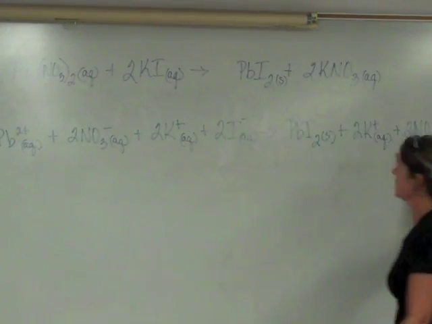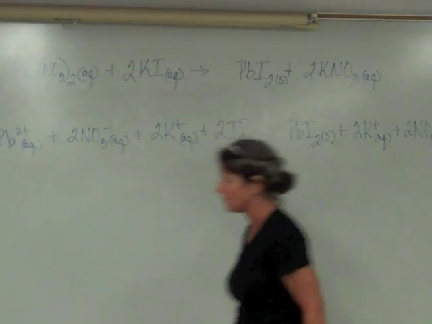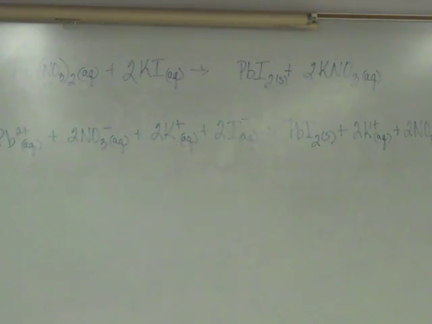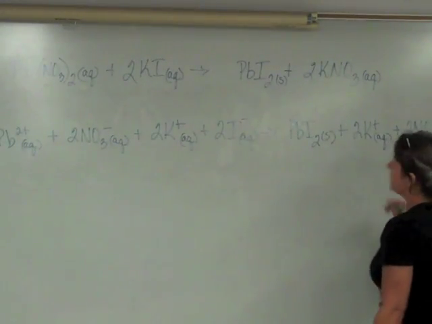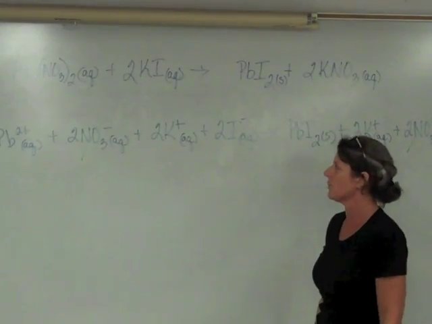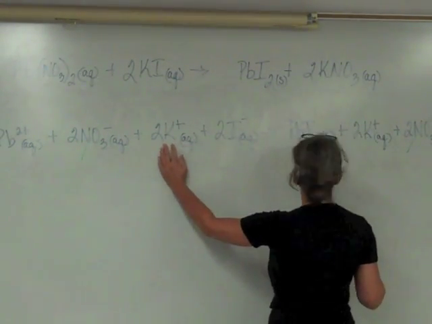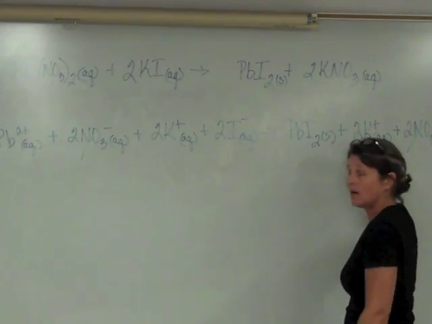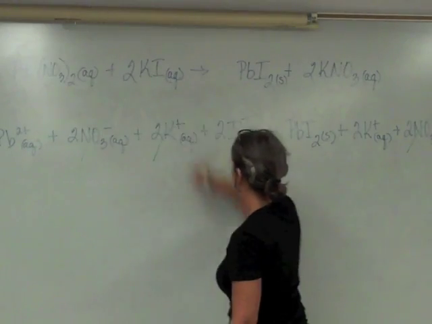We have 2 nitrates on this side. So what we would say, you guys, I'm going to cross it out. We would say here that these are spectating because they are identical on both sides of the equation. 2 potassiums, 2 potassiums, identical on both sides of the equation. They're spectating. I'm going to get rid of them.